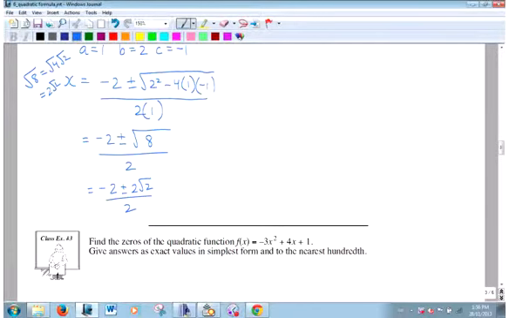Can I simplify this? Okay, listen carefully. Does this 2 go in this 2? Or this 2? Or both? Both. It's both of these over 2. Don't write this, but that's the same as this. Okay?